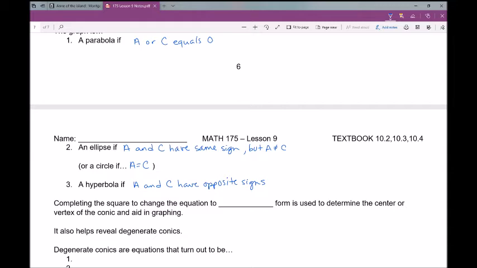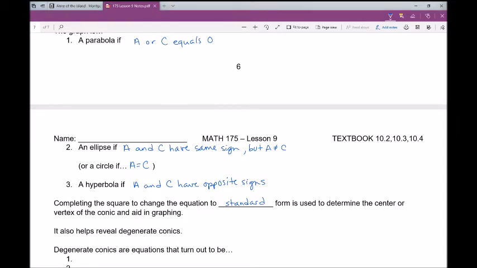Okay, now the problem with it, though, is that sometimes it may look like you have a conic section, but you really don't. And so the way that we actually figure out if we have a conic section or not is we have to complete the square to change the equation to its standard form. And so the standard form are those forms that we've talked about in all the previous videos of lesson 9.